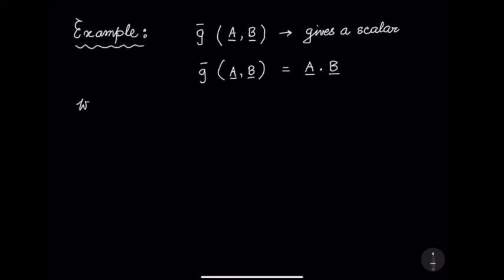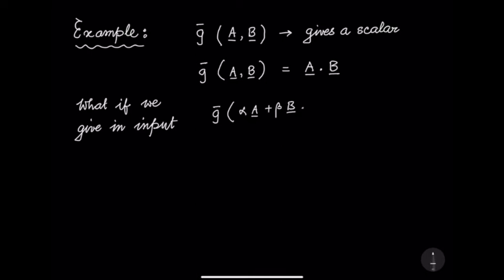So what if we give in as input the following thing? So G, let's say we give something like some alpha times A plus some beta times B, and C. Alpha and beta are scalars from the field.